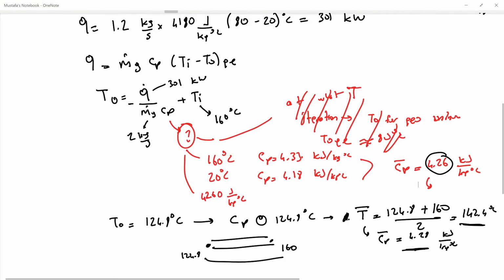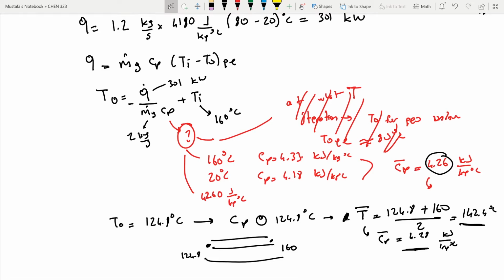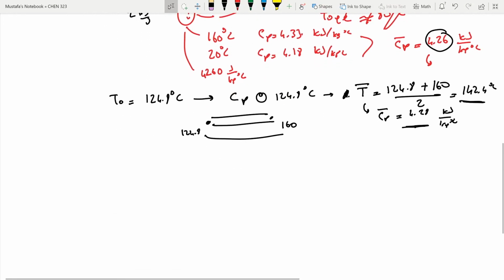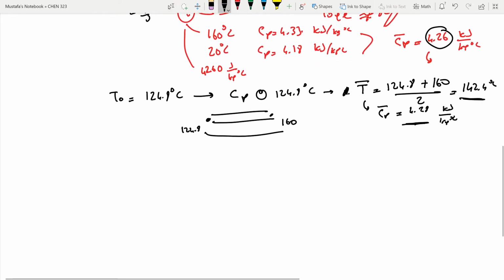That means the outlet temperature is 124.8. So we know all 4 temperatures.